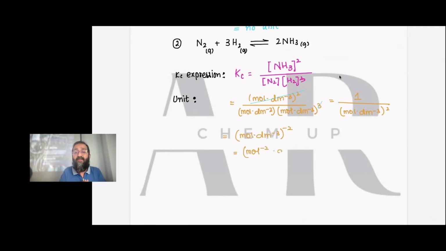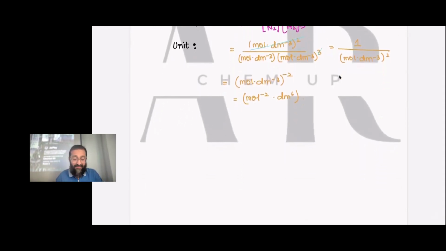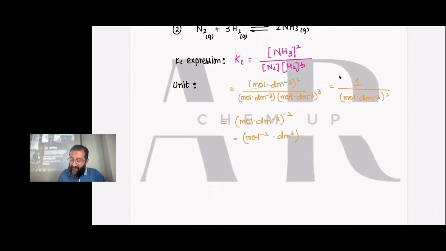Okay, so the expression will be the concentration of ammonia squared over concentration of nitrogen times concentration of hydrogen cubed. And on deriving the unit, we got mole inverse squared dm raised to the power 6. Is this clear? Yes, sir.